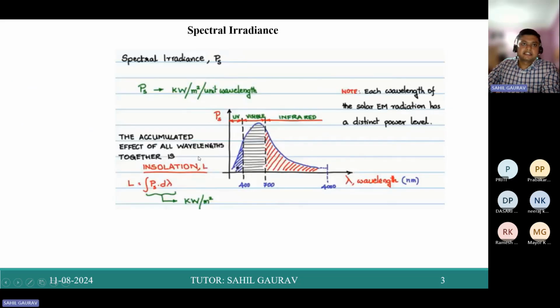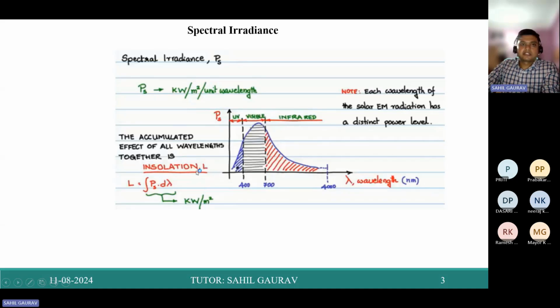Now coming to spectral irradiance. As we know, the sun has electromagnetic radiation of different wavelengths, and each wavelength has a distinct power level. On the y-axis we have the spectral irradiance, and on the x-axis we have the wavelength lambda.